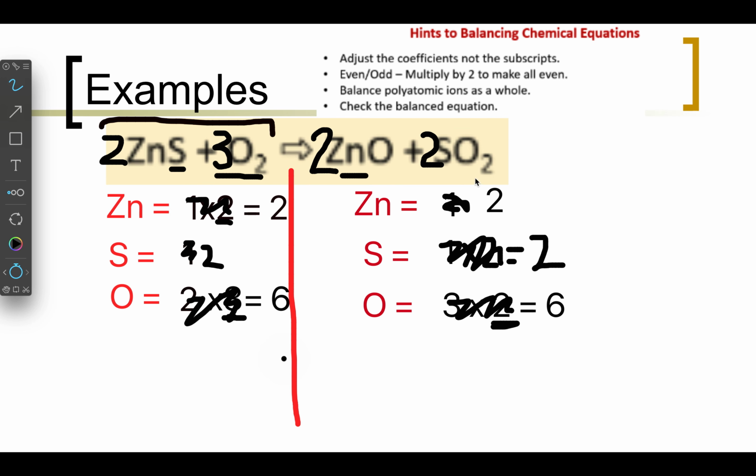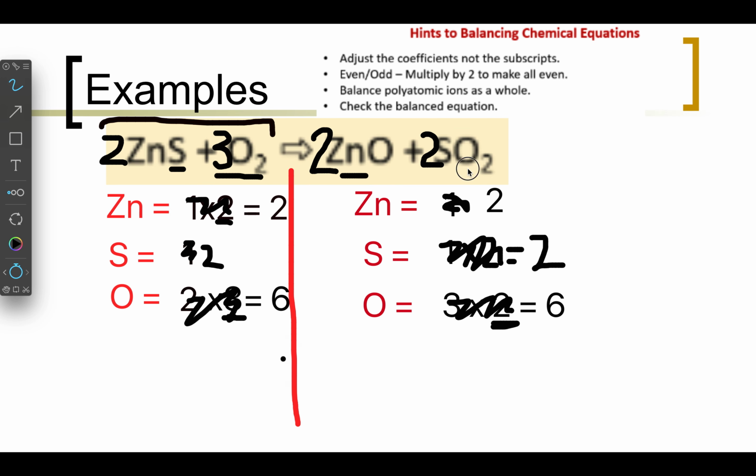Remember, you always have to double check that when you put that coefficient in front, it doesn't change anything else, right? So how many oxygen do we now have? We have 2 oxygens, 3, 4, 5, 6. I guess we have 6. Why did that not make sense?